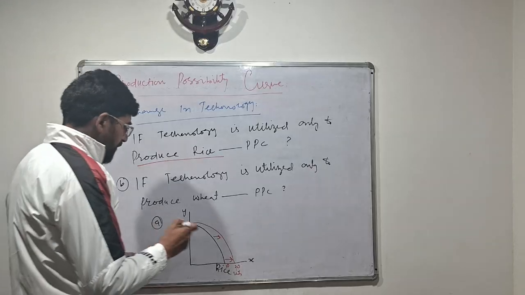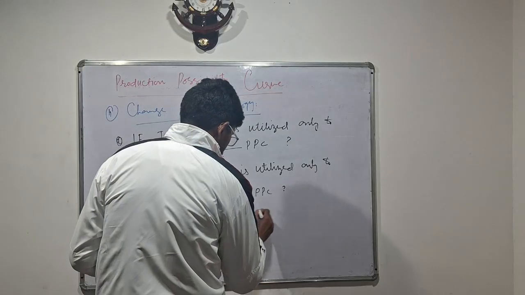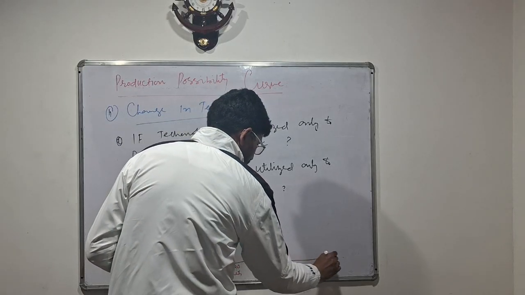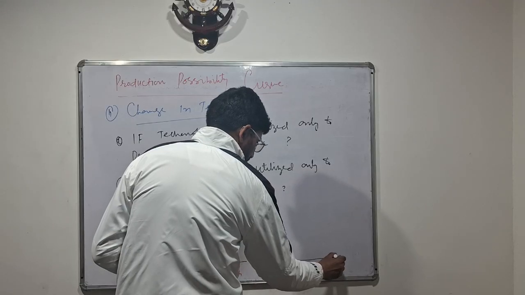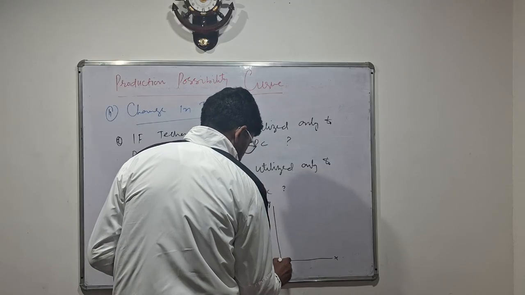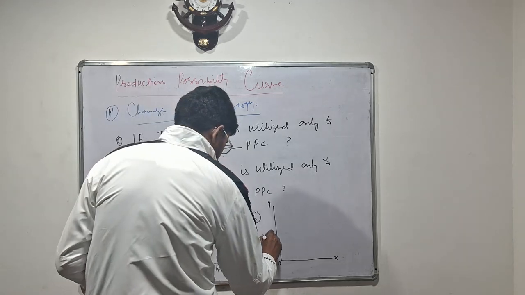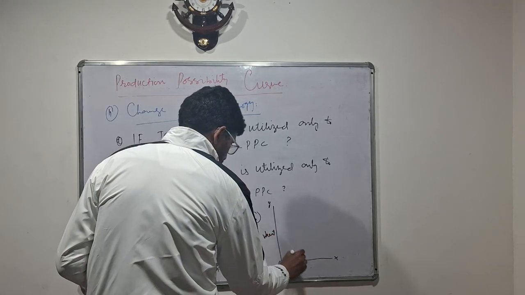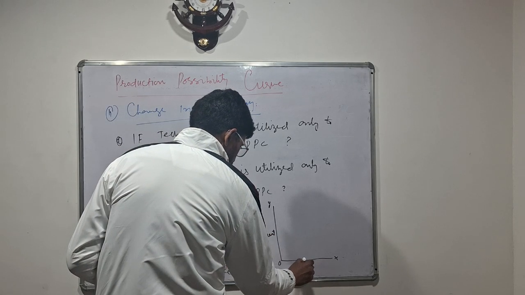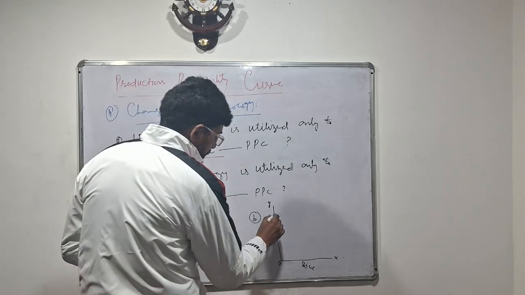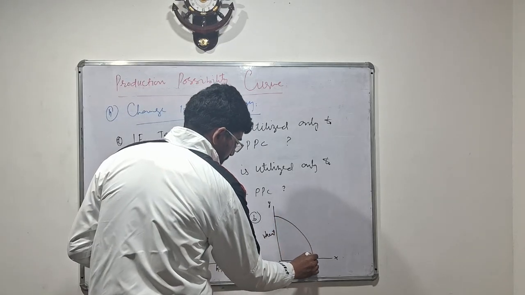Similarly, if technology is utilized only to produce wheat, this is X, this is Y, this is 0. Here is wheat, here is rice. This is the simple PPC.